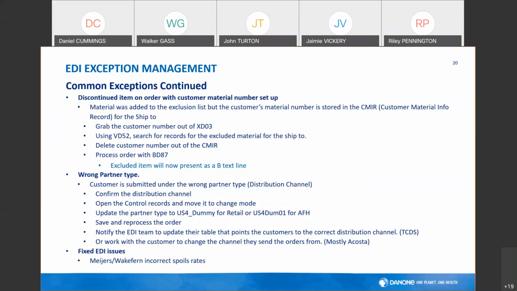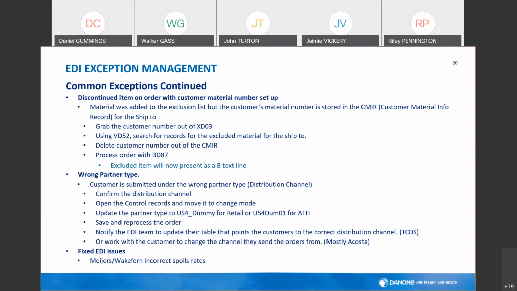So we have to then go in and manually manipulate the IDOC to change that US4 dummy to US4 dummo1, and then it flows through correctly, because in the EDPAR table, the dummy and the dummo1 are two separate tables. And so it's not finding the DUNS number in the dummy area, it's going to be loaded in the dummo1 table.